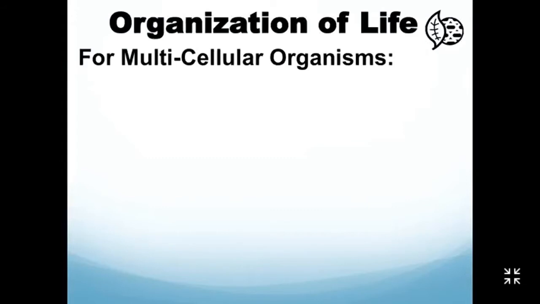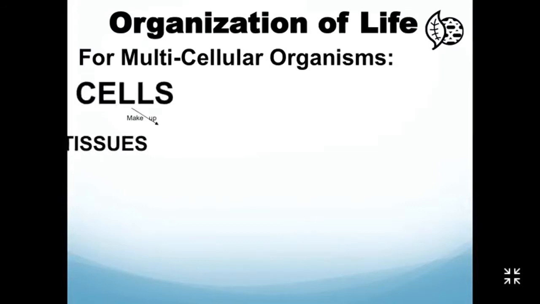Now, to explain to you the organization of life, or what we call the levels of biological organization. The first one is the cell. It is considered to be the smallest functional unit of life. It makes up what we call tissues.